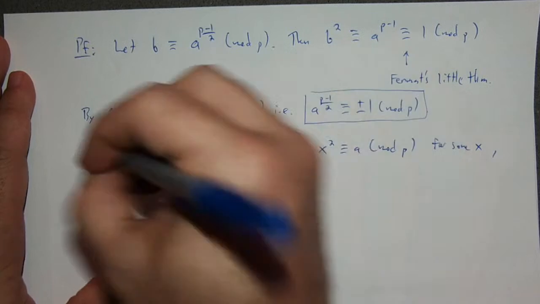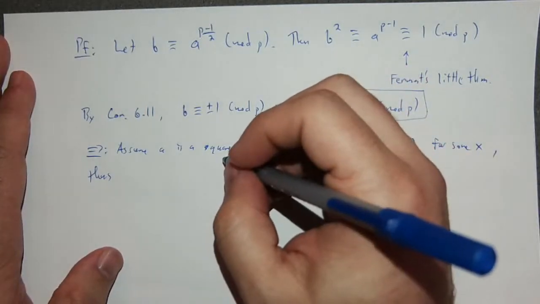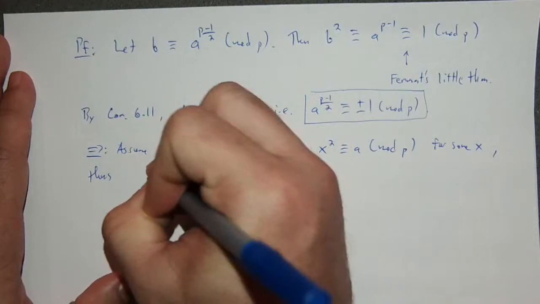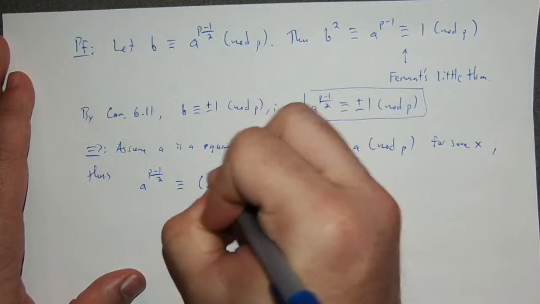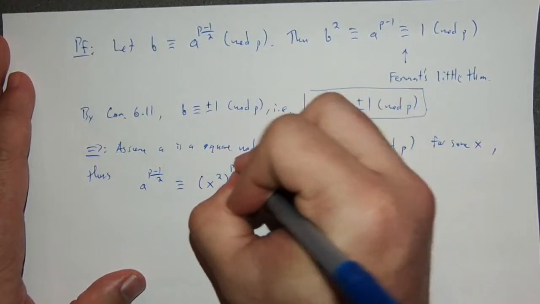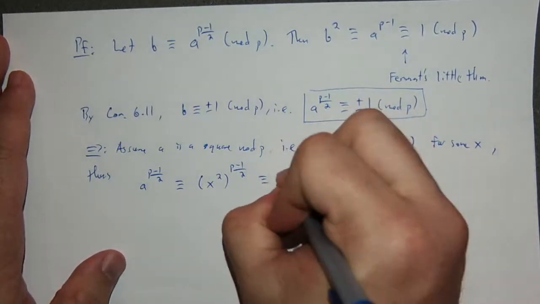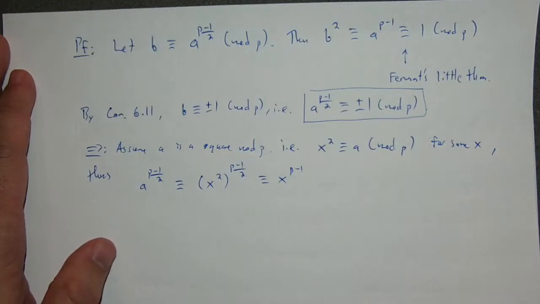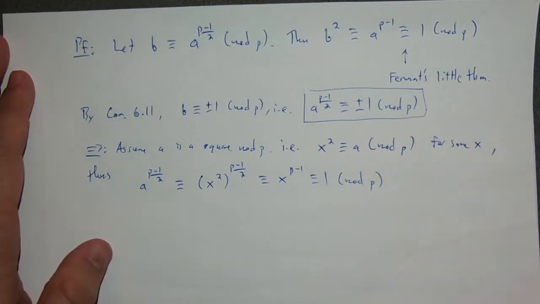Thus a to the p minus 1 over 2 is congruent to x squared to the p minus 1 over 2. But this is x to the p minus 1, and this is 1 mod p, again by Fermat's little theorem.